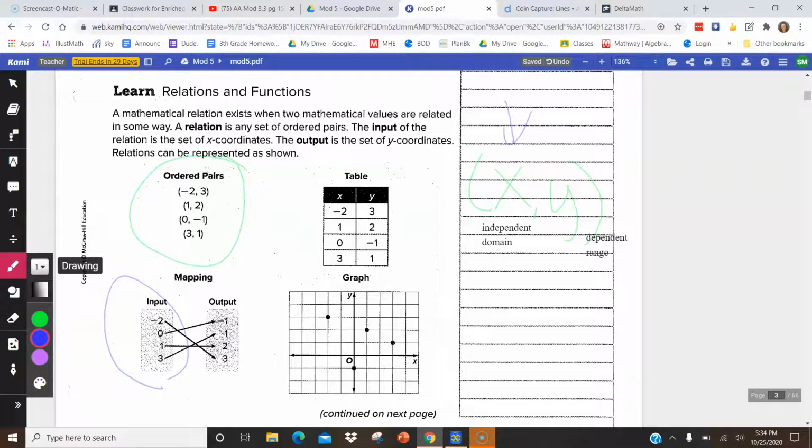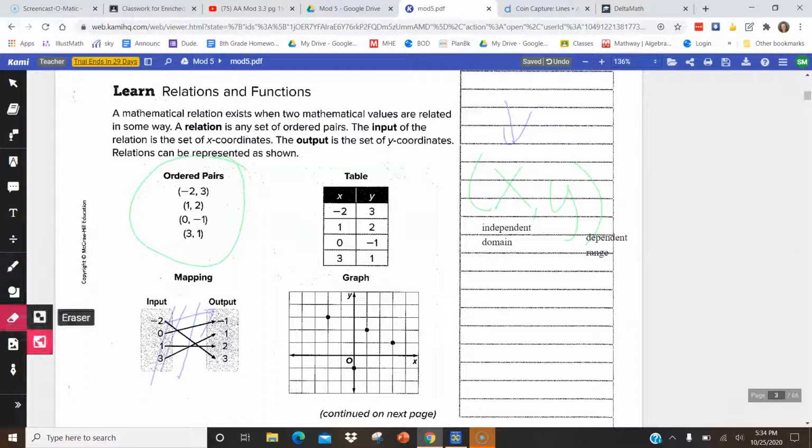We have our inputs, and we map them with an output. So this is an example of what they call a function, because I take one input and map it to exactly one output. The input does not go like that. I can't go to two different outputs. That's not a function. That would be bad. But for this example here, this is a function because there's exactly one output for every input.